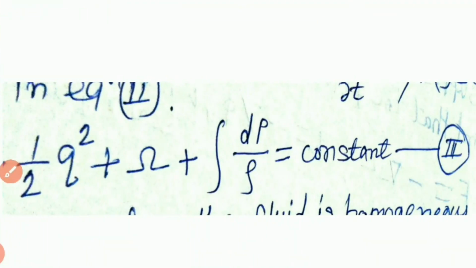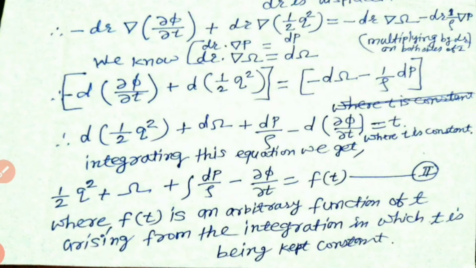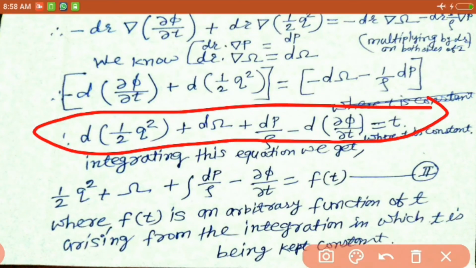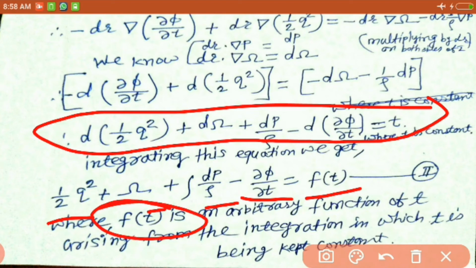We get 1/2 q² plus Ω plus the integration of dp/ρ minus ∂φ/∂t is equal to f(t), where this f(t) is an arbitrary function of t arising from the integration in which t is being kept constant.